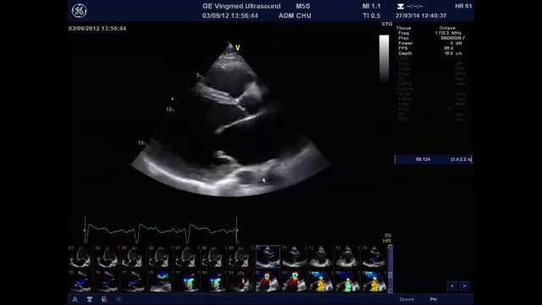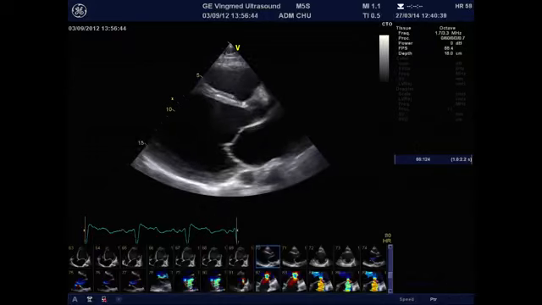To measure the severity of the mitral deformation, we can use the measurement between the mitral leaflet body and the annulus plane, which is called the systolic tenting area and is clearly associated with the severity of the disease.